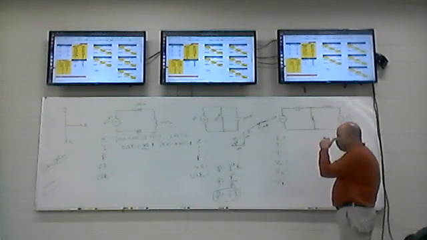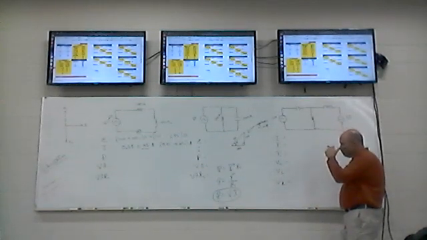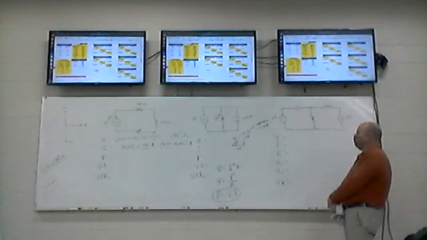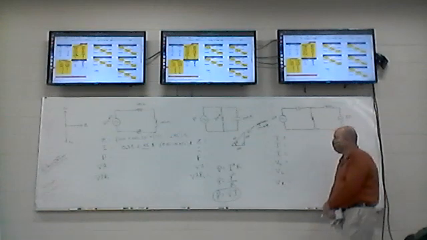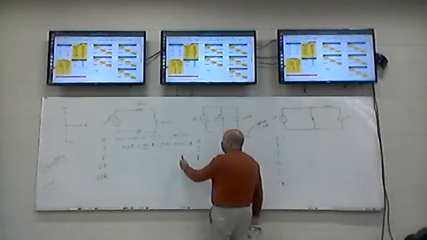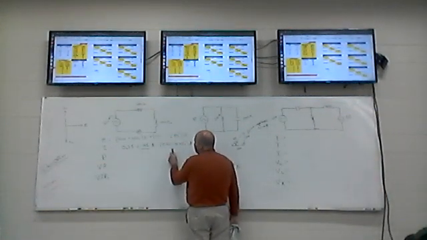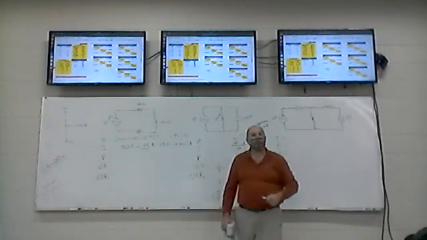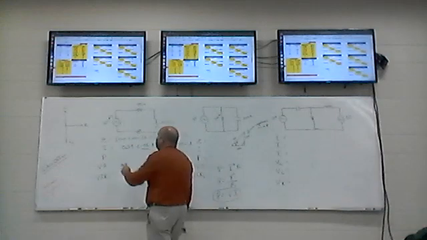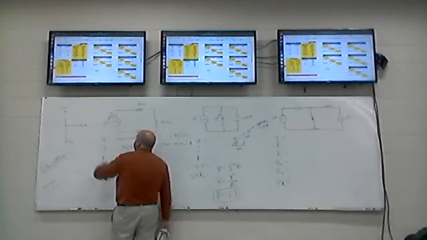Alright, so do we know what I is? And do we know what V is? 50. We know the angles. Okay? And I know this what? What is this in rectangular? So here's the polar. What is that in rectangular?